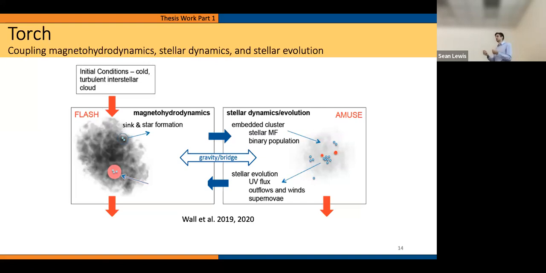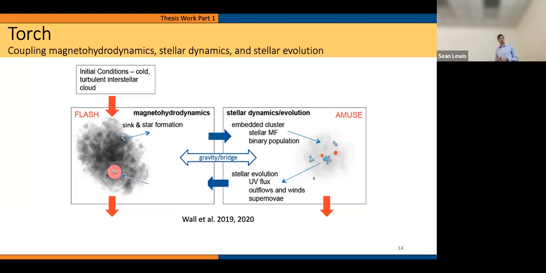The stars can interact with each other gravitationally, so they evolve together. They also, through the AMUSE interface, feel the gravitational influence of the gas modeled in FLASH, which can then pass that data through the AMUSE interface to where we're modeling stars, and vice versa.